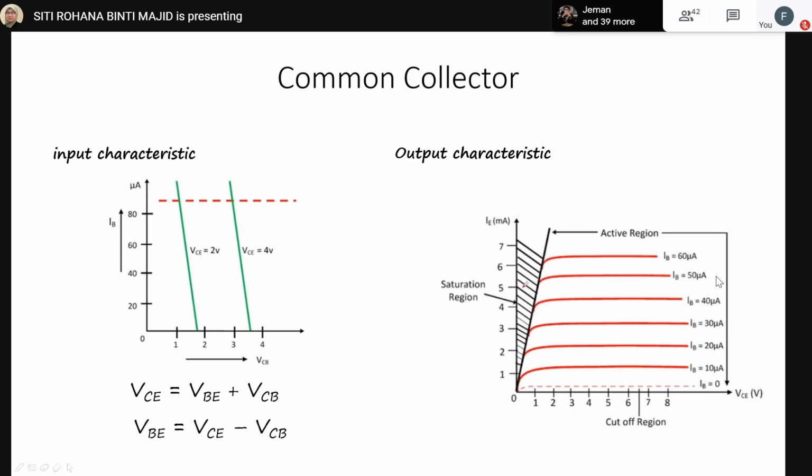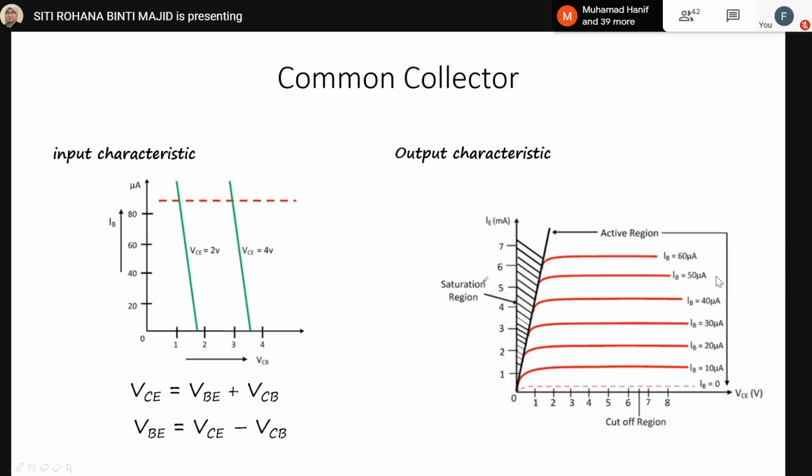And if IE increases, controlled by IB, we can see that if IB increases, the IE value also increases.